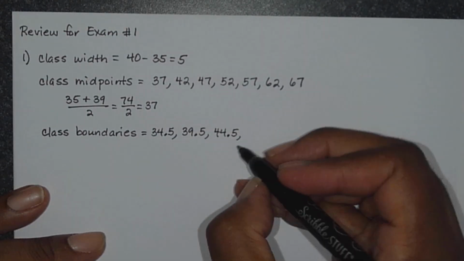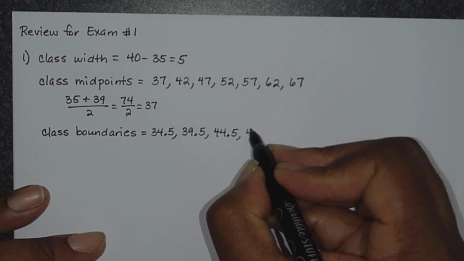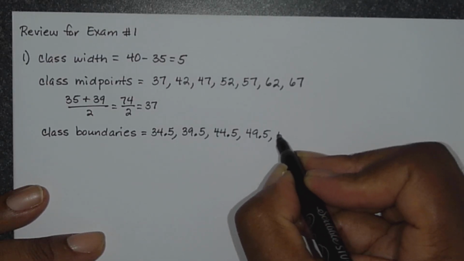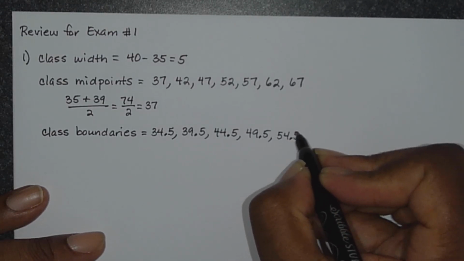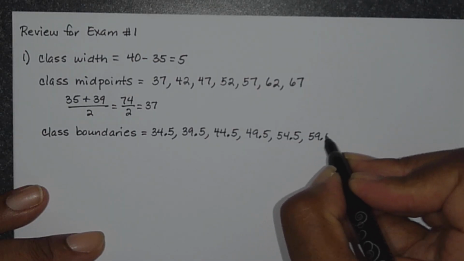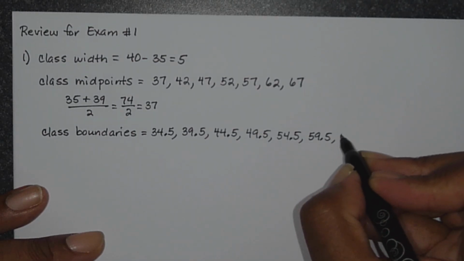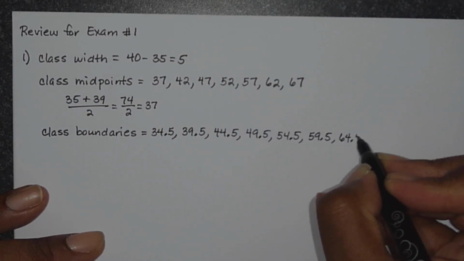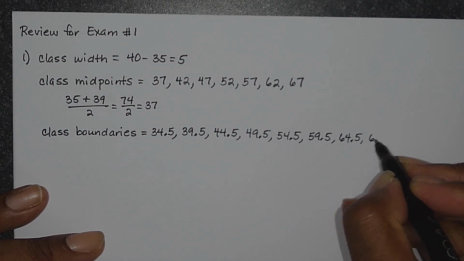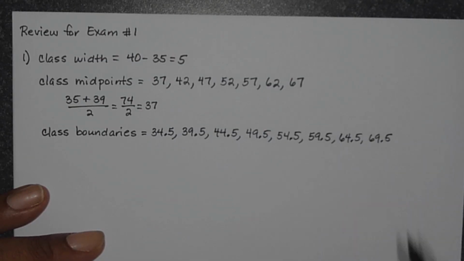And then 5 to the 44.5 would be 49.5, and then 5 to that would be 54.5. Add 5 to that would be 59.5, and then 5 to that would be 64.5, and then there's one more, add 5 to that. Okay, that would be it.